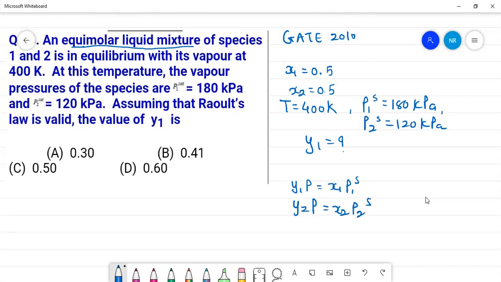Just the activity coefficient is absent, the rest remains the same. So if I add these, y1 plus y2 multiplied by total pressure is equal to x1 P1 saturation plus x2 P2 saturation.